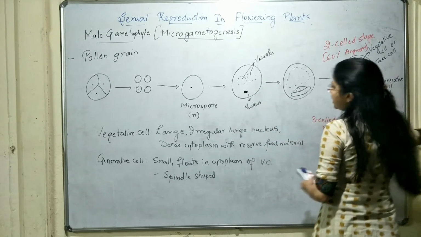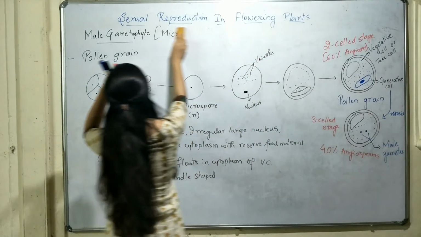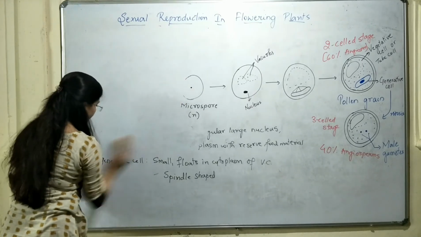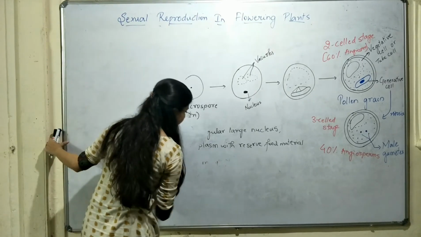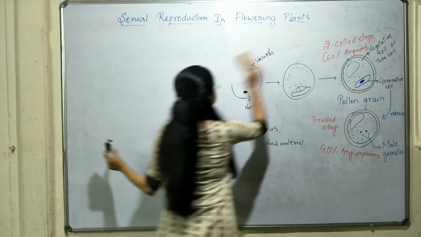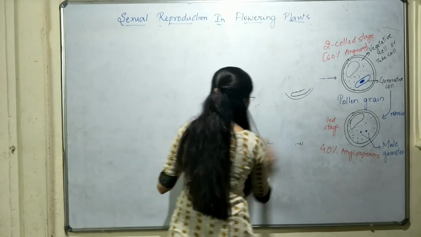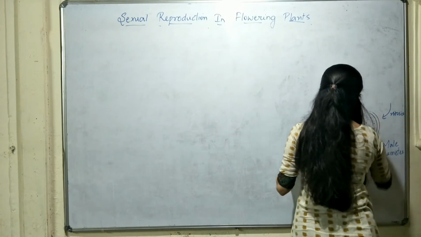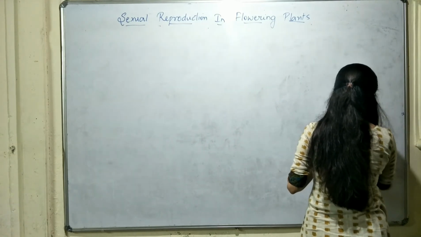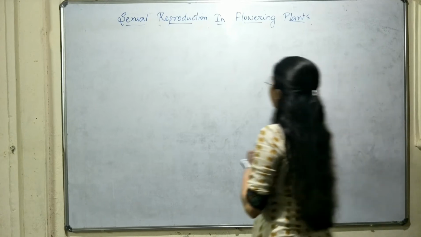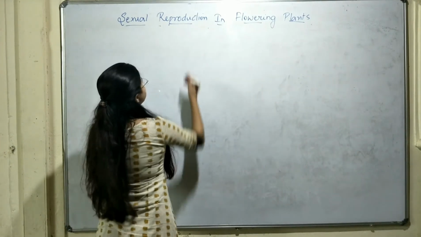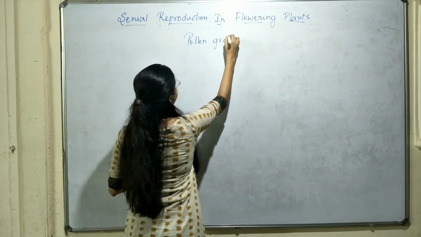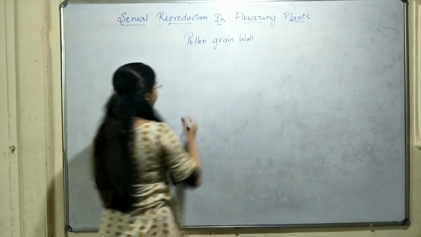Let us now see the structure of the pollen grain. A pollen grain wall is actually made up of two layers.